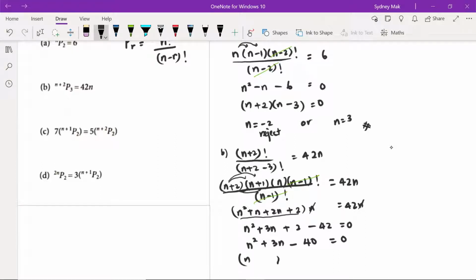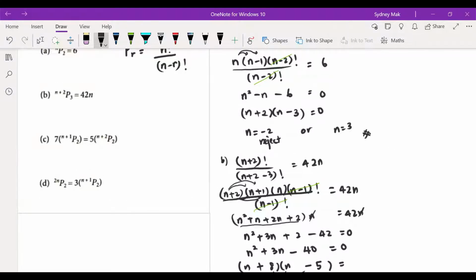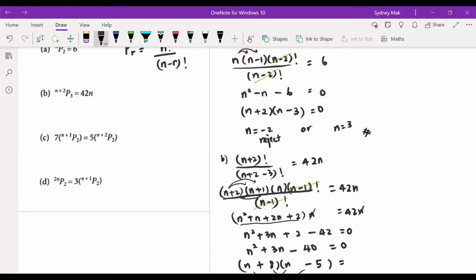So let's factorize this. 8 and 5. To get positive 3, we must put positive at 8, negative at 5. Double check. The inner pair gives us positive 8n. The outer pair gives us negative 5n. Therefore, the sum will be positive 3n. Okay, so once we double check, it's correct.